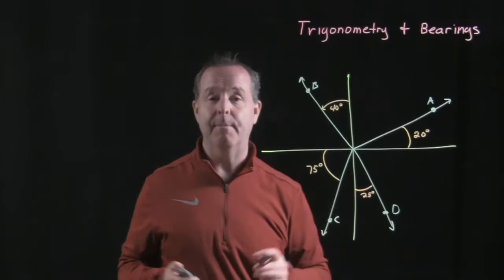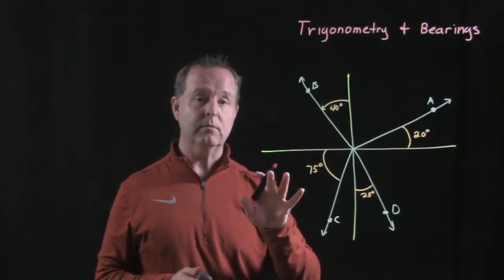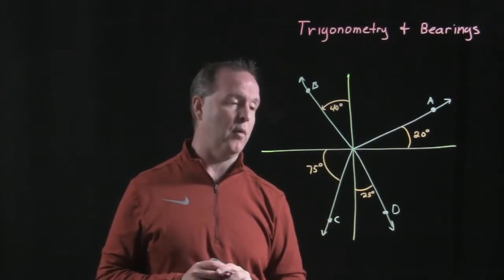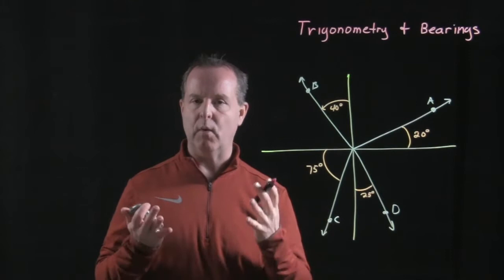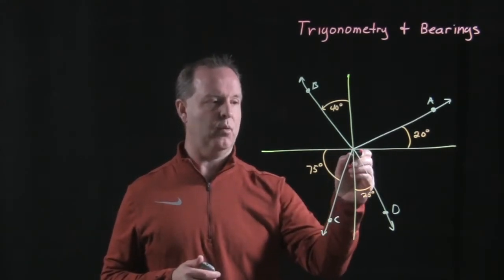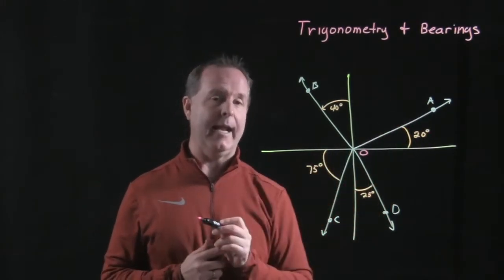So let's look at an example and see if we can interpret and find some of the information that's available, and some of it is missing, to determine the bearing of each of these points. Notice again, a bearing is a point relative from one point to another. Let's say I have some center point, and I'll mark that O. So what's the bearing from O to A?